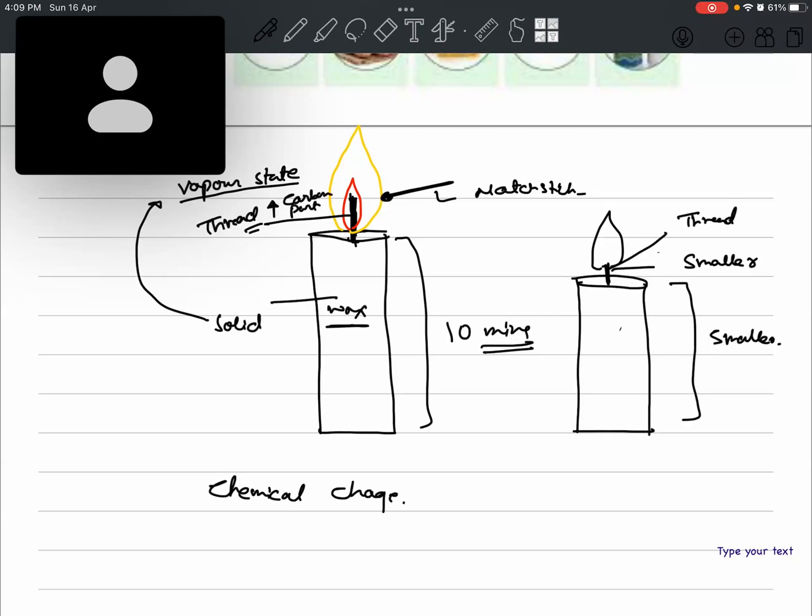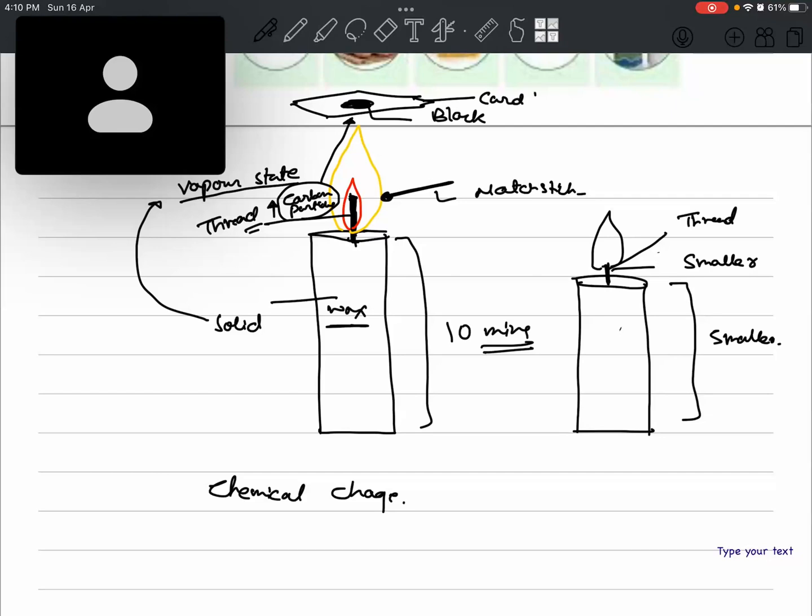That's why if you place a paper or any other cardboard over the candle, you will notice that the bottom of that cardboard will become dark. It will become black. Have you noticed that? That is because of the carbon particles, which are from this thread, and they get deposited over the cardboard.